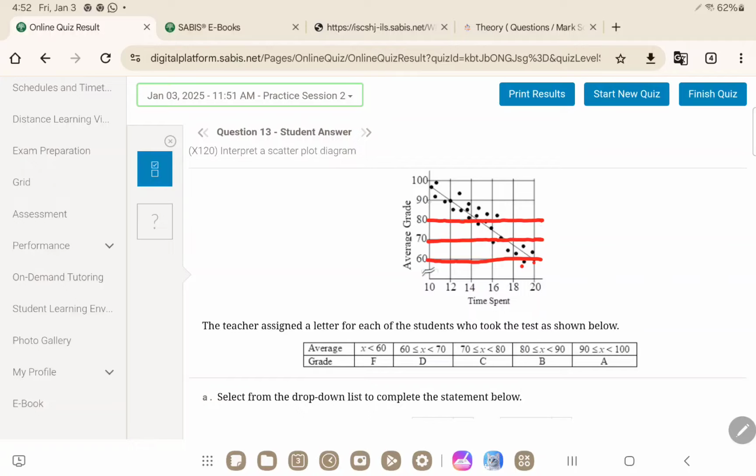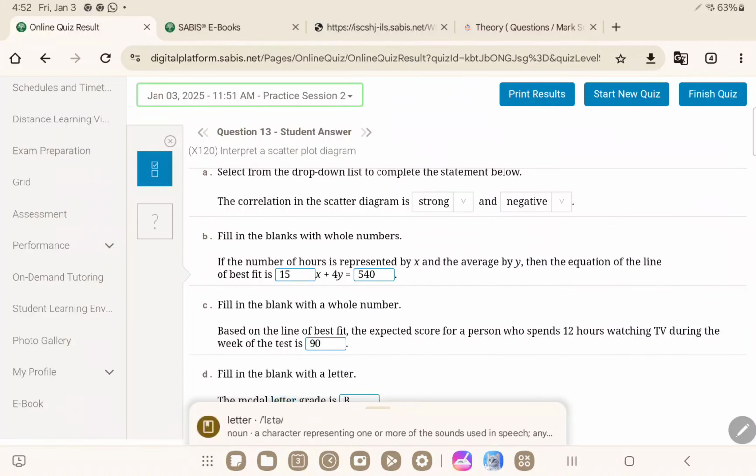This much. Between 80 and 90? This much. Between 90 and 100? This much. When you count the dots, you need to see which group has the most dots in it. Here, by just looking, you can see the most dots between 80 and 90. And any result between 80 and 90 is a B, making the modal letter grade a B.